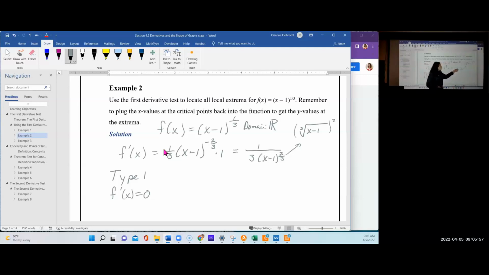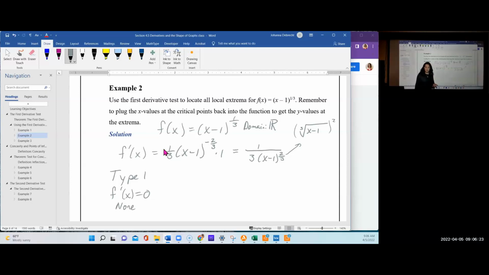It's false. So there's no way to make this expression into something equal to 0. When a fraction is there, the numerator has to be 0 and the denominator not 0 in order to get 0. And we can't make 1 0. So there are none of type 1, which is unusual and probably one of the first times we've seen this.